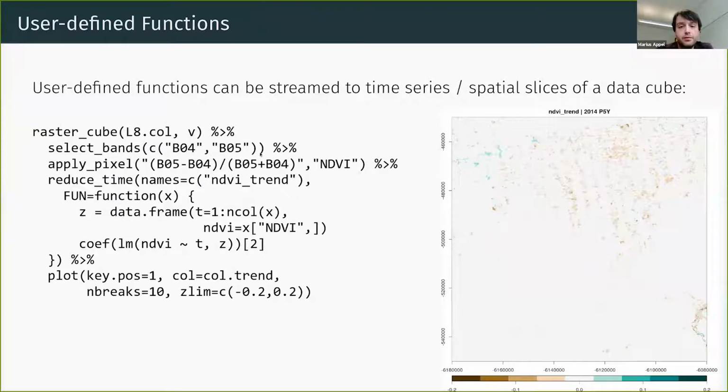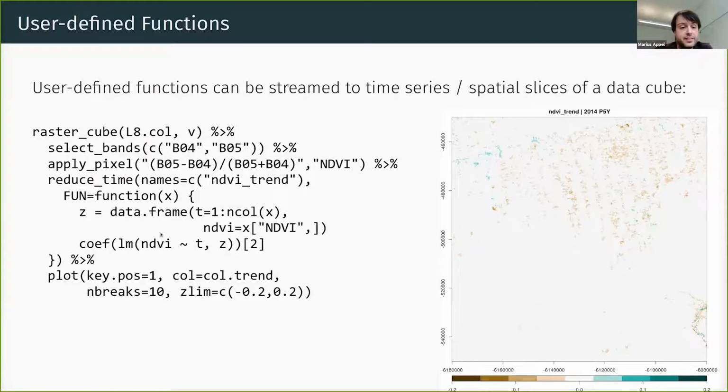In this example, I'm similarly calculating the NDVI, but then don't apply a median aggregation over time, but instead apply a user-defined R function. This function gets one pixel time series and all the bands as input, so a 2-dimensional array, and it returns one or more values as output.